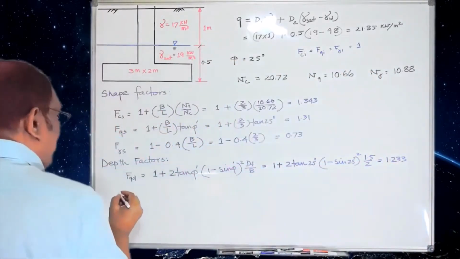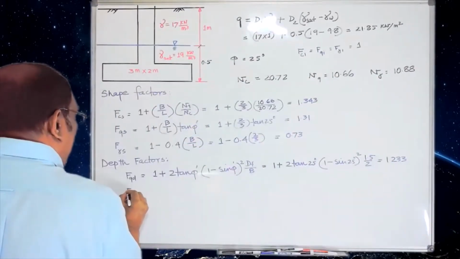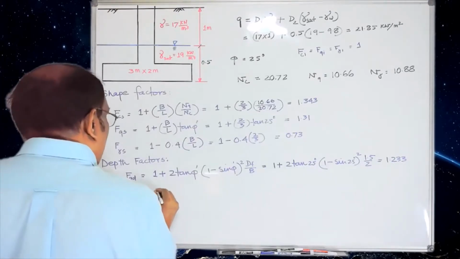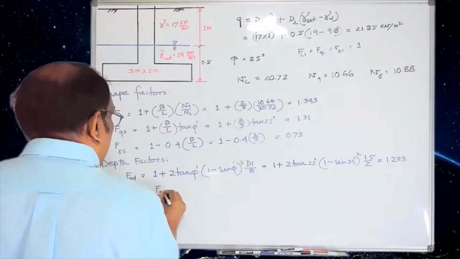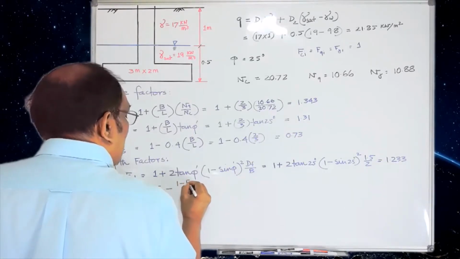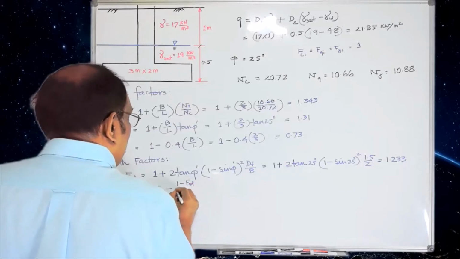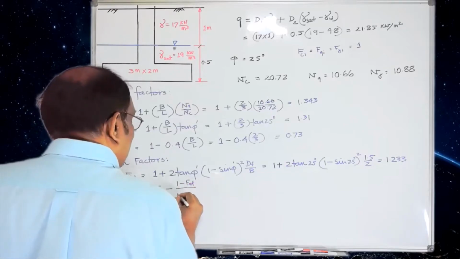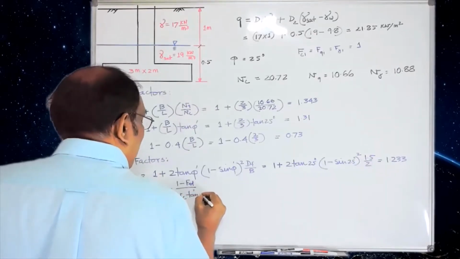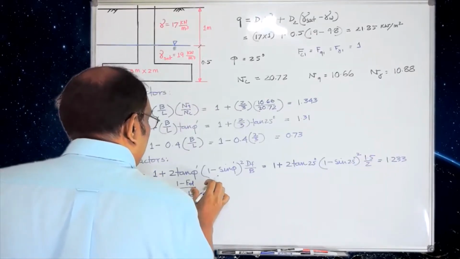Similarly, our FCD is equal to FQD minus (1 minus FQD) divided by NC tan phi prime.